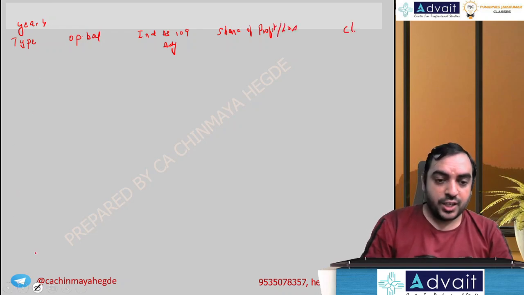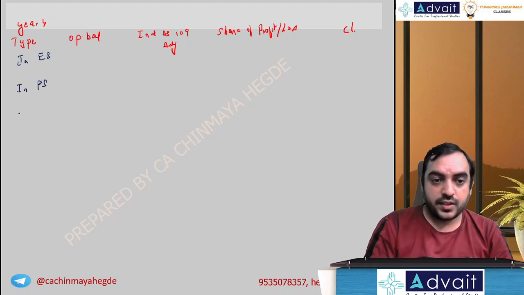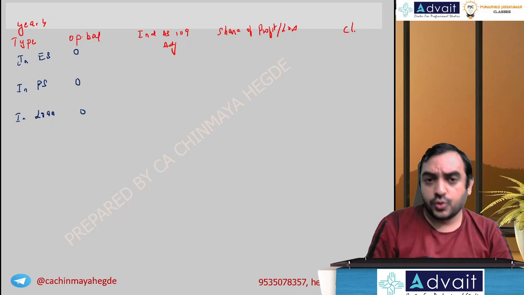The types of investment are investment in equity shares, investment in preference shares, and investment in loan. All opening balances are 0.